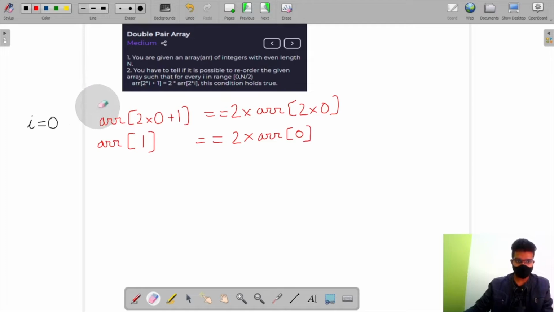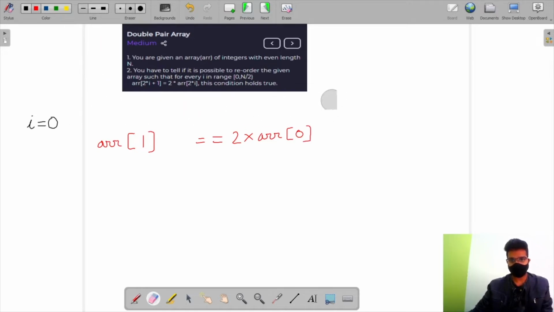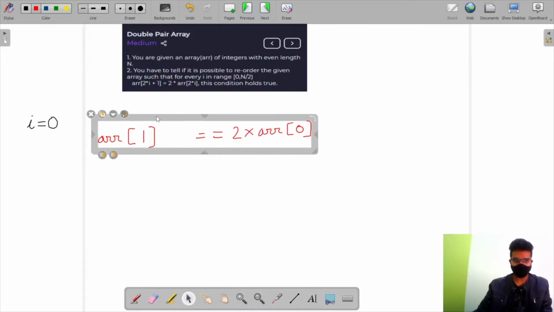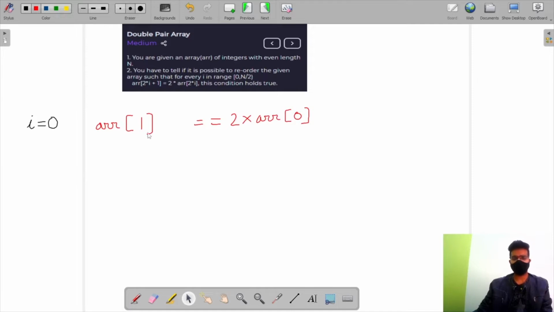So for i is equal to 0, this is the condition that should be true. This represents the array index. Whichever value is at the first index should be equal to half of the value at the 0th index, so the 0th index value should be double the value of the first index.